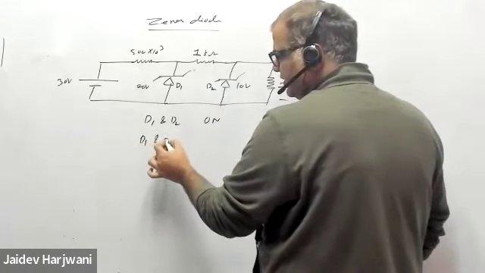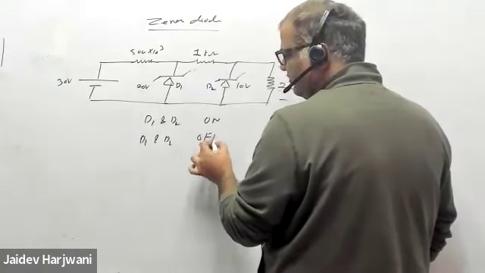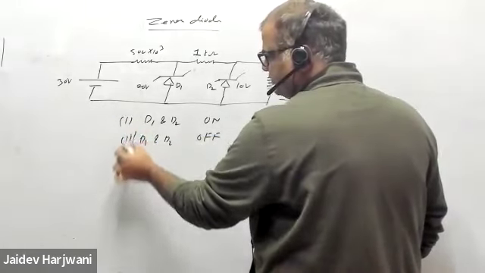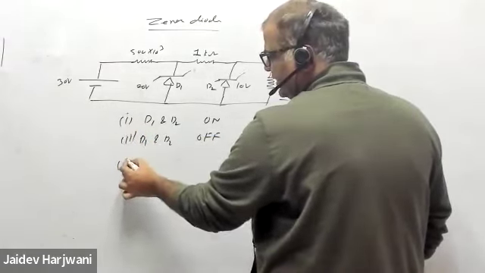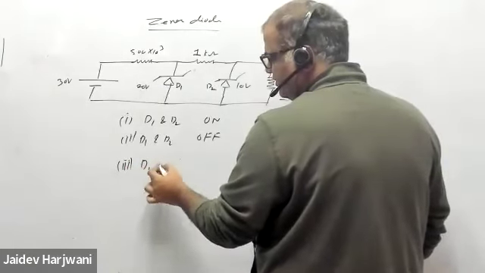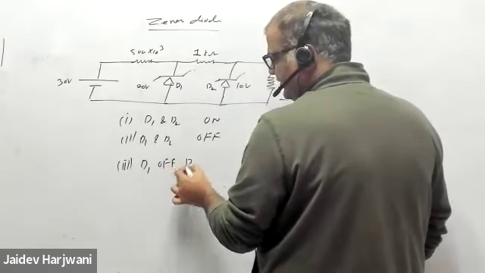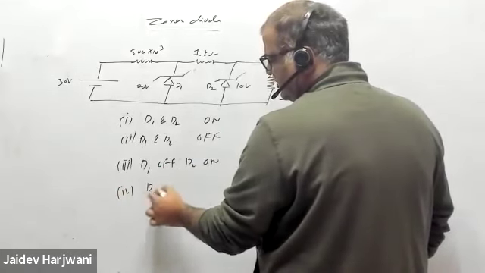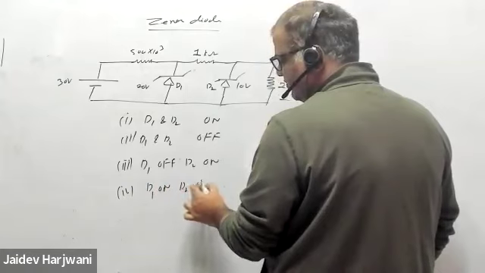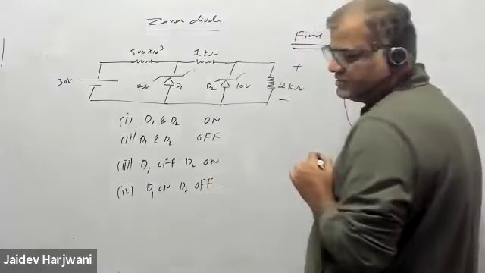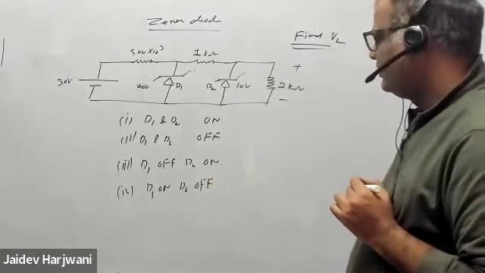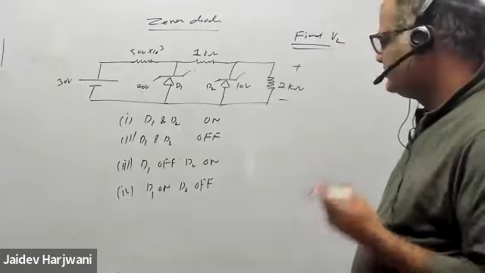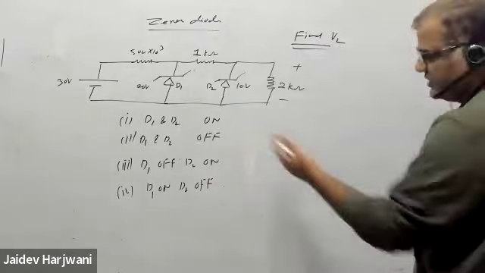D1, D2 both can be off. This is the first case, this is the second case, and there's a third case: D1 off, D2 on, and the fourth case is D1 on, D2 off. These are the 4 cases you have to check. Once you have the practice, you can immediately tell without checking also. But the procedure is this one.